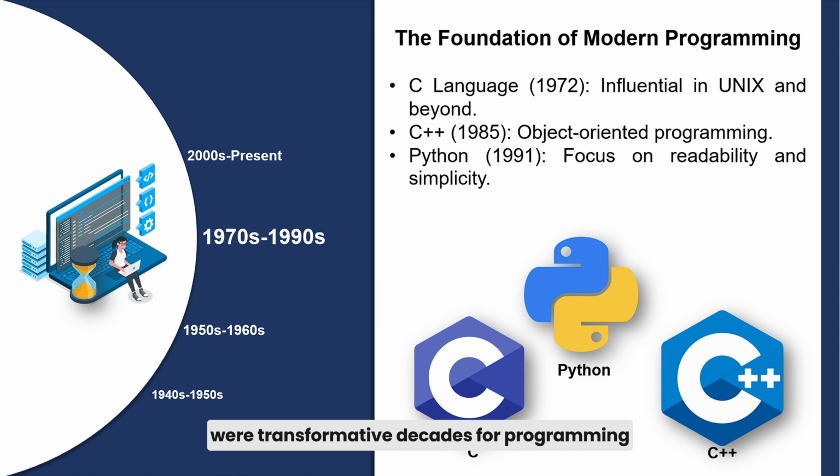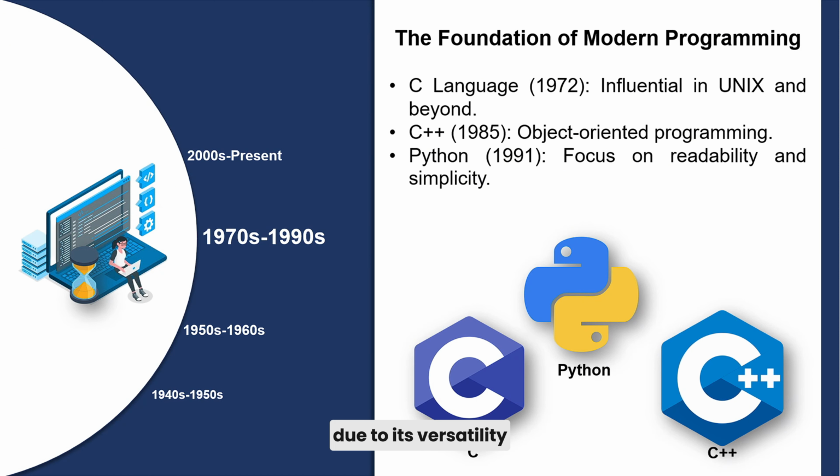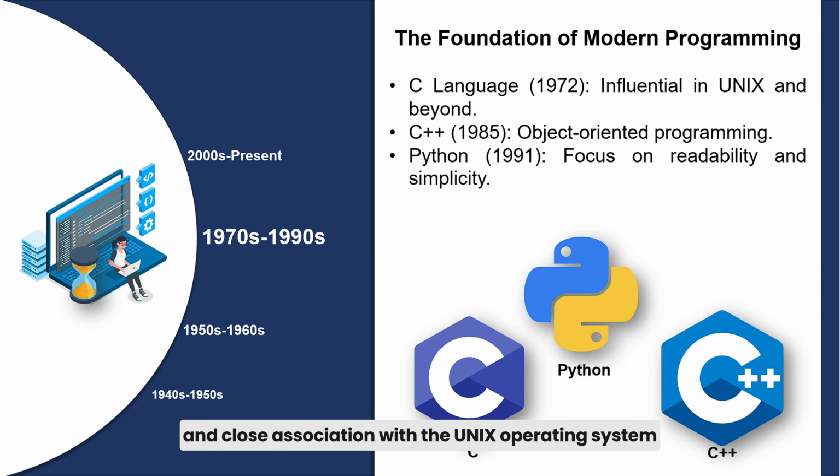The 1970s and 1980s were transformative decades for programming, giving rise to languages that would define modern computing. The C programming language, developed in 1972, became incredibly influential due to its versatility and close association with the Unix operating system. C served as a building block for many future languages.